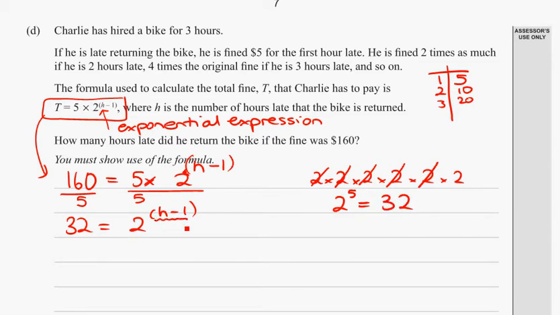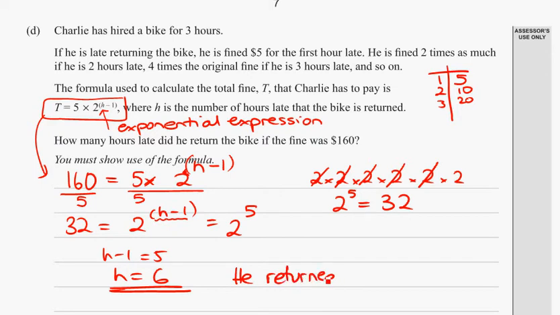Now that means h minus 1 has to be 5. So if h minus 1 is 5, then that means h would have to be 6. How many hours late did he return the bike? He returned it 6 hours late. And it says you must show use of the formula, so we've done that.